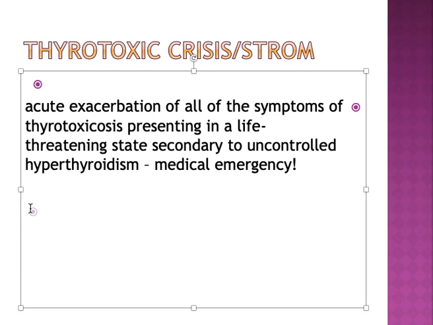For example, one condition which we will study is called pheochromocytoma. Pheochromocytoma is a tumor of neural crest cells which keeps on producing epinephrine and norepinephrine, and the effects of epinephrine and norepinephrine are simply the same, like the thyroid hormones.